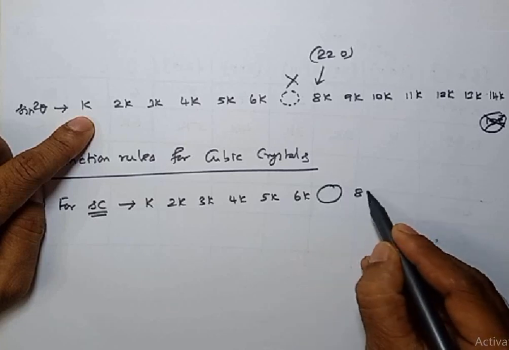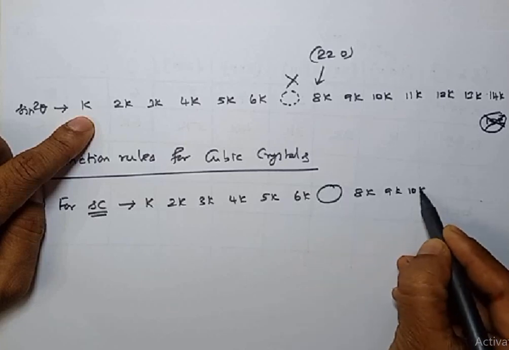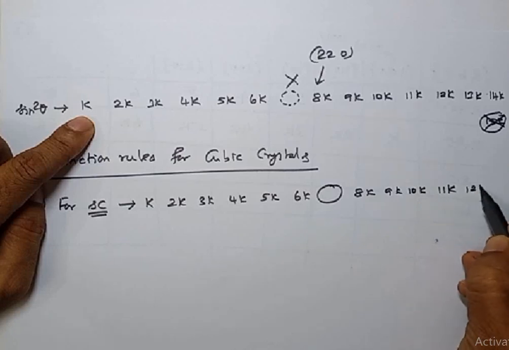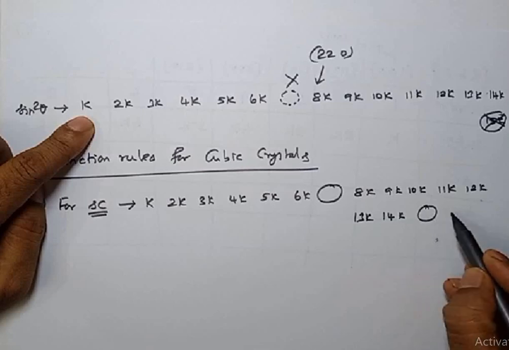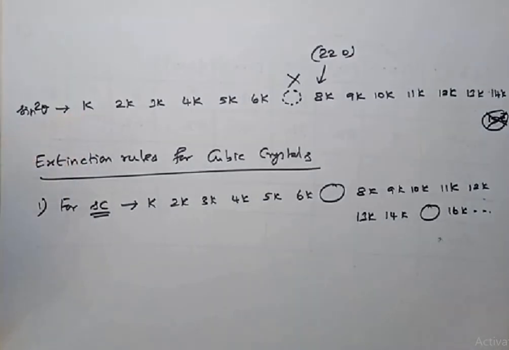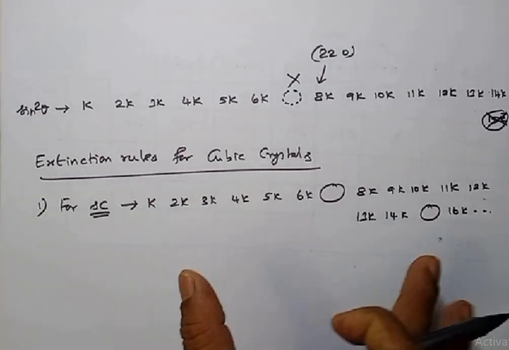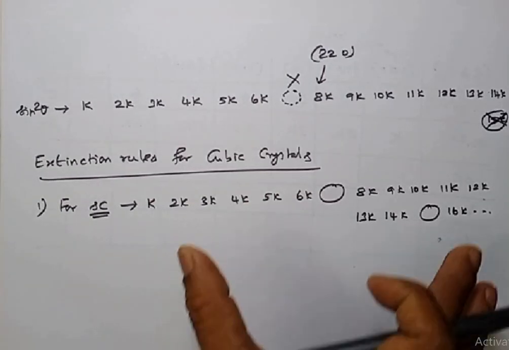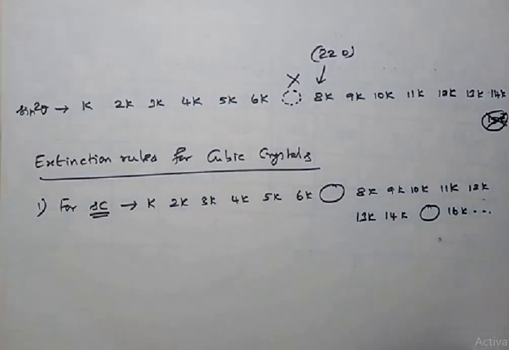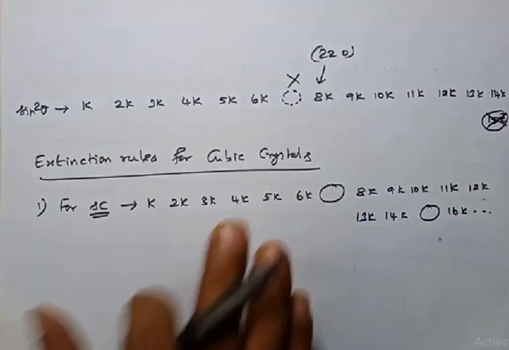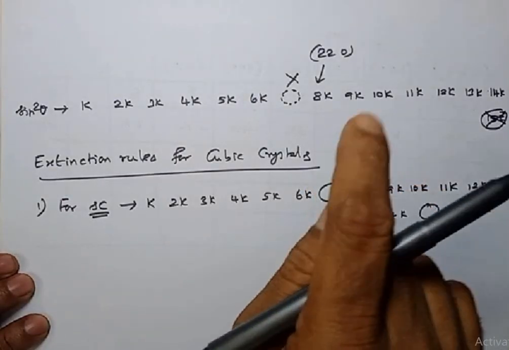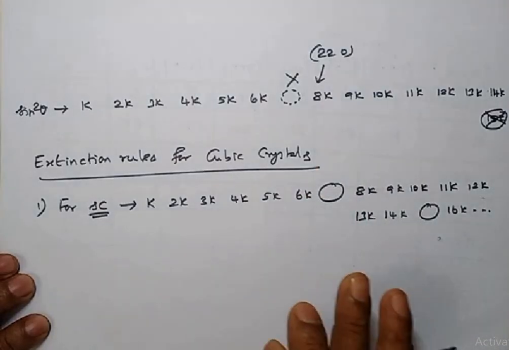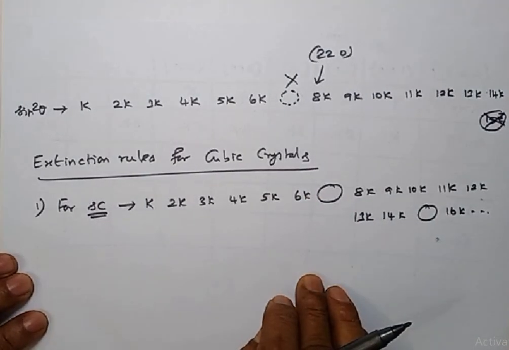Then 8K, 9K, 10K, 11K, 12K, 13, 14K, all values are allowed. 15 is not possible. Then 16K, and it goes on. For a simple cubic crystal, according to the extinction rule, we got this information. Try to remember, for simple cubic, all these planes will give lines or peaks in the X-ray diffraction pattern.